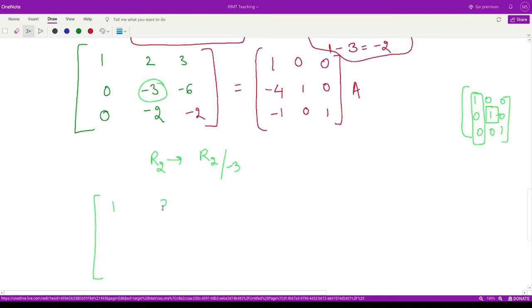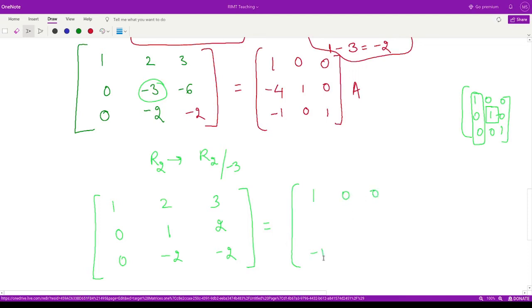So first row would be as such, no change. Third row would be as such, no change. And for the second row, we are just dividing by minus 3. So 0 divided by minus 3 is 0 again. Minus 3 divided by minus 3 is 1. Minus 6 divided by minus 3 is 2. This is for the left hand matrix. For the right hand matrix, the first row would be as such.